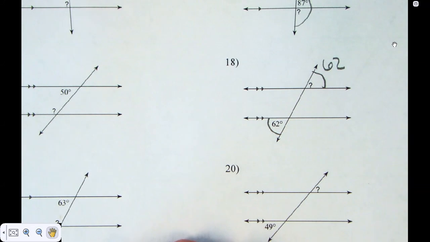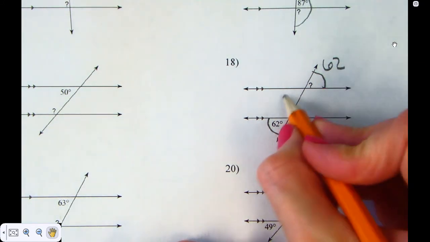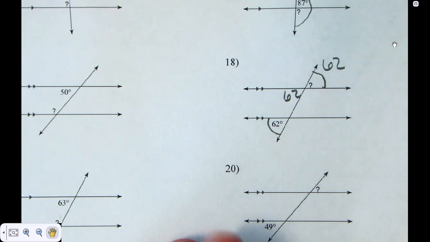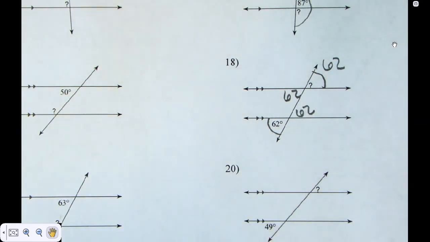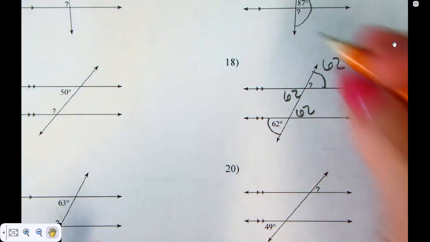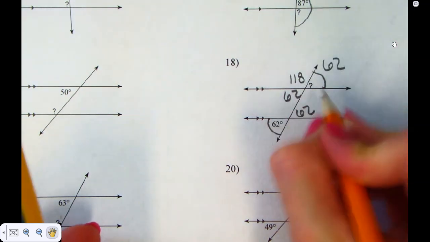Again, just to show how we can fill everything else out, I know vertical angles are congruent. I can do the same to find all those other numbers. For the other 4, I take 180 and subtract 62, which gives me 118.